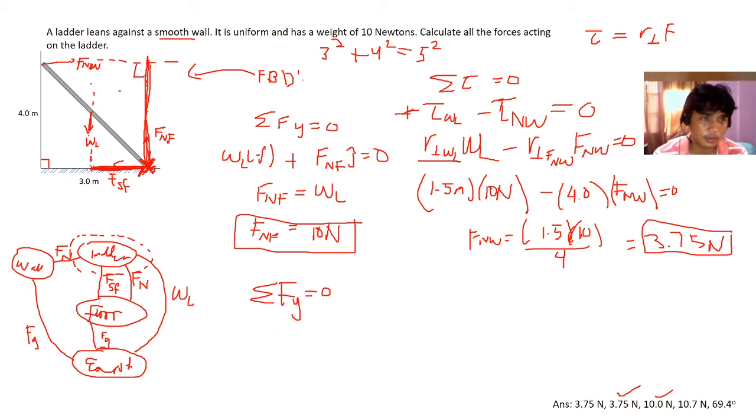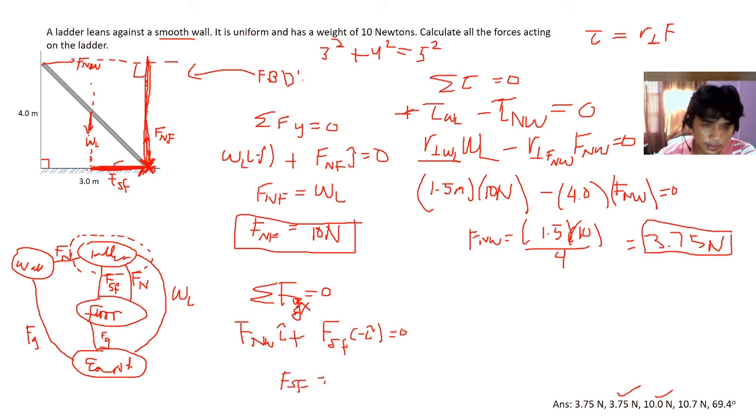There are only two forces along x: F_NW in the i hat direction plus F_SF in the negative i hat direction. If you cancel all the i hats, you will get that F_SF is just equal to F_NW, which is equal to 3.75. There goes another 3.75.